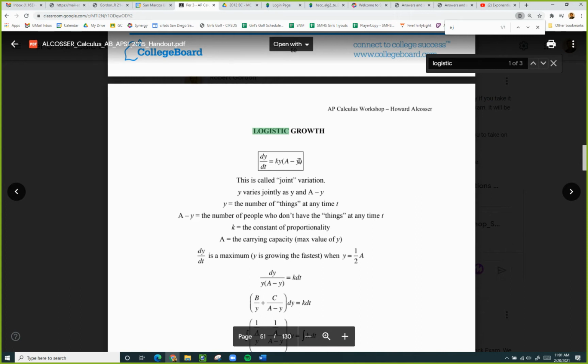So A is the carrying capacity, and maximum slope, maximum dP/dt, at P equals A over 2.